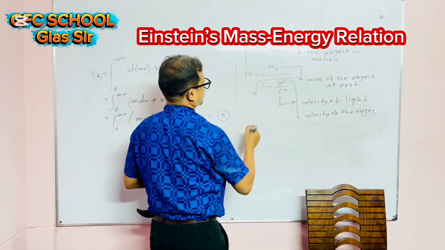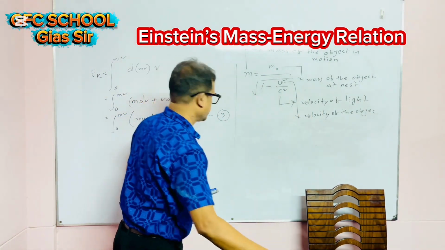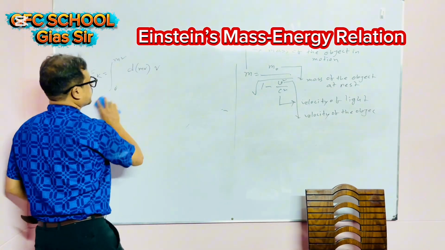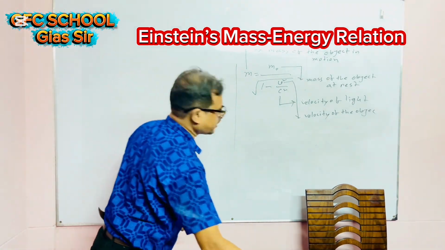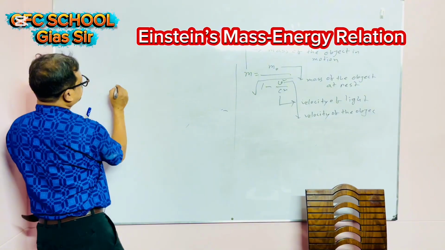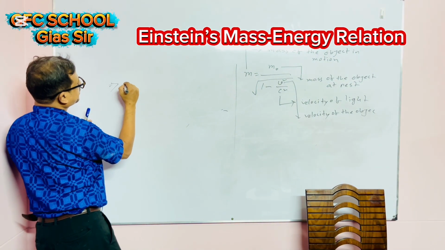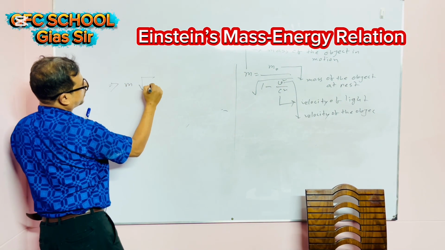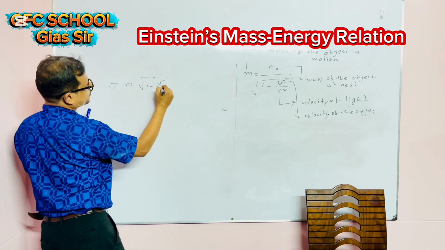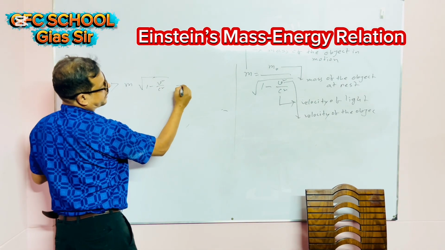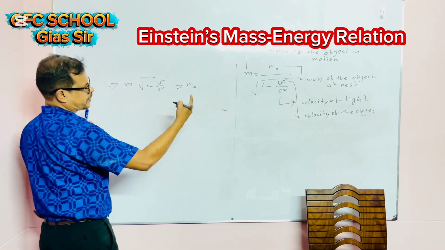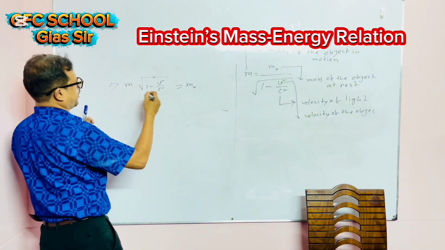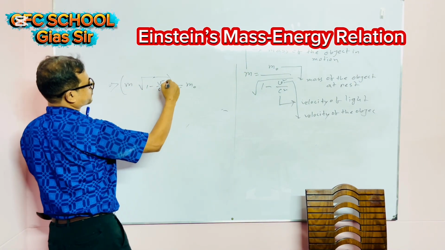Nice. From this formula, what can we write? Cross multiplying, m times the square root of 1 minus v squared over c squared equals m naught. We could square it, that means like this way.